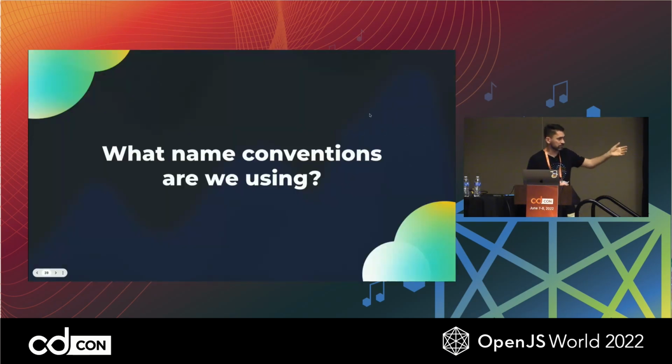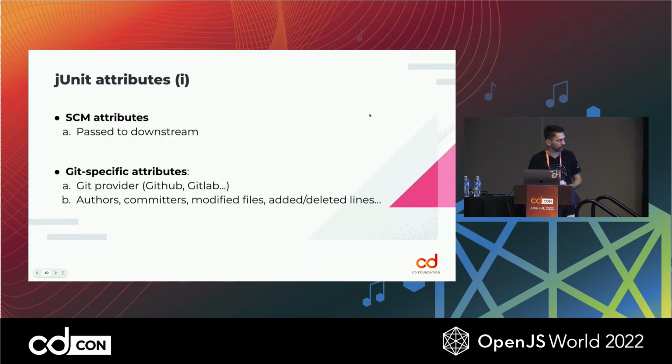So we're talking about attributes that we're using. What naming conventions are we following? First, we would like to define two types of attributes. The first one is related to the SCM, specifically for Git, and the second part is about the test reports themselves.